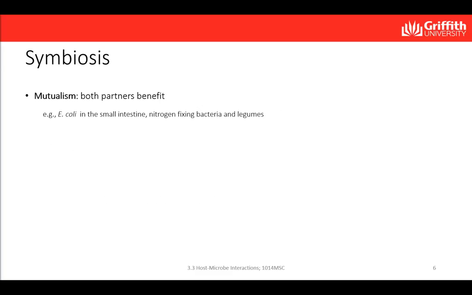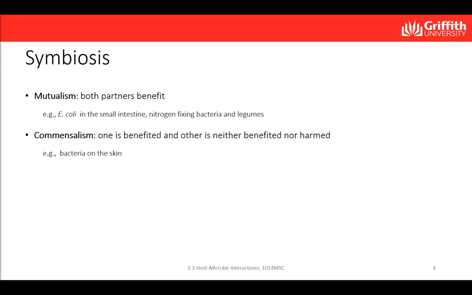There are many examples of symbiosis throughout biology. The human body is the best example for mutualism, where the microbe and the host both benefit from one another. For example, we benefit from the presence of E. coli in our gut, as it helps in the digestion of several nutrients, and in return it gets nutrients from our GI tract.